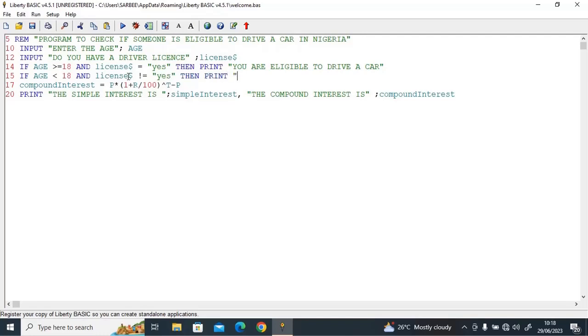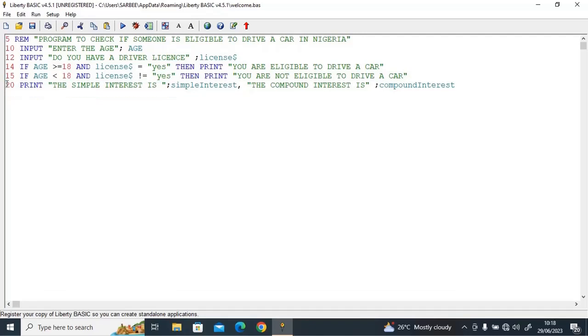Print: you are not eligible to drive a car. Okay, let's check if this will run, and if it does not run, we will solve it together.